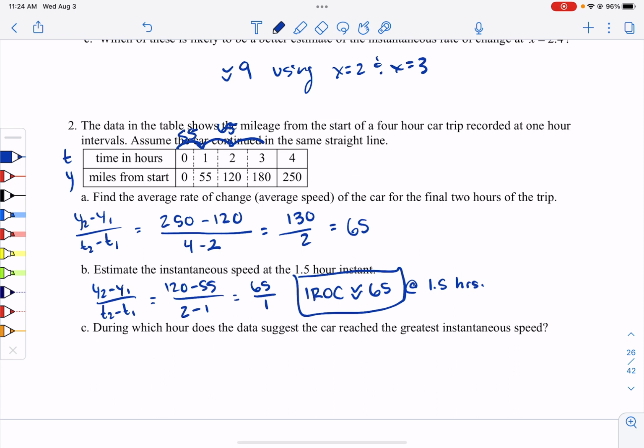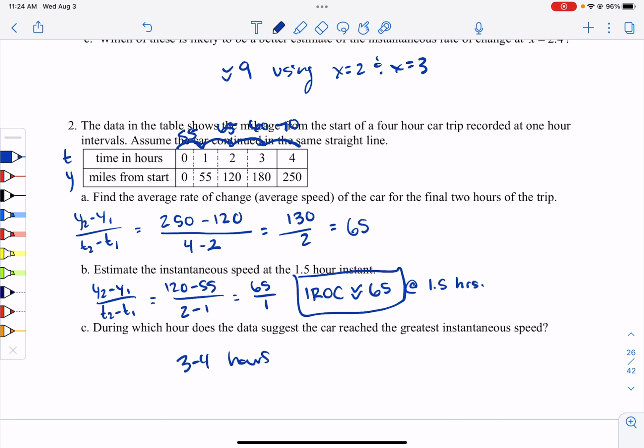From 2 to 3, they went 60 miles. From 3 to 4, they went 70 miles. So in which hour did they travel the most distance? That would obviously be from 3 to 4. So you would say from 3 to 4 hours, they traveled the farthest.